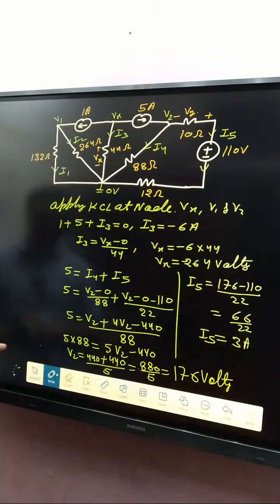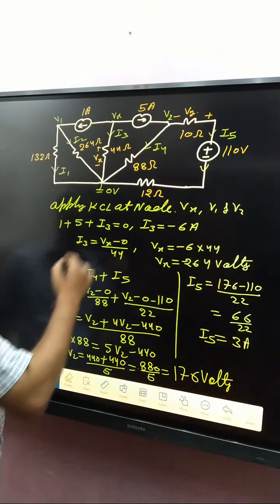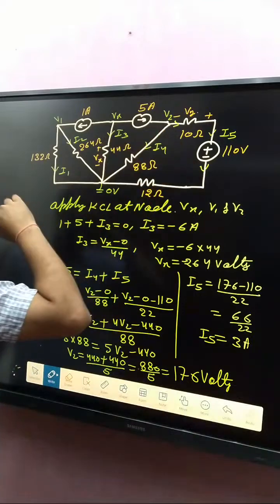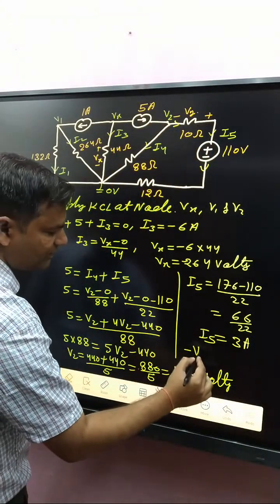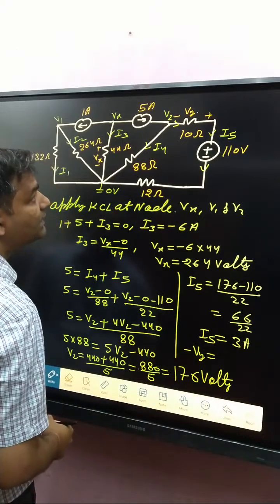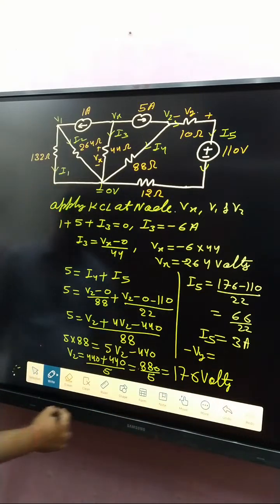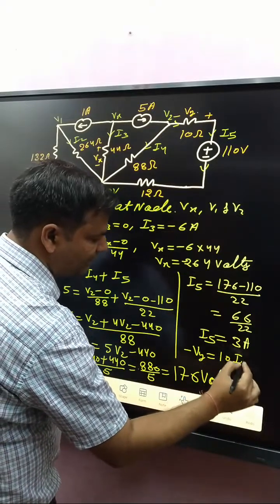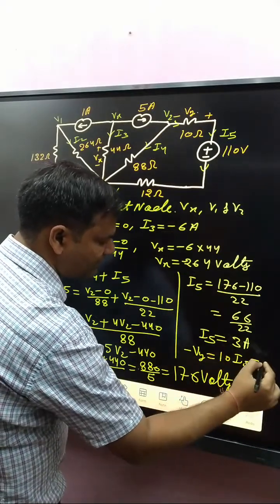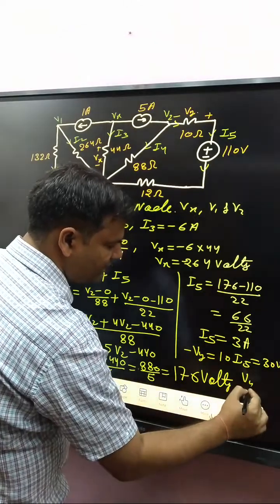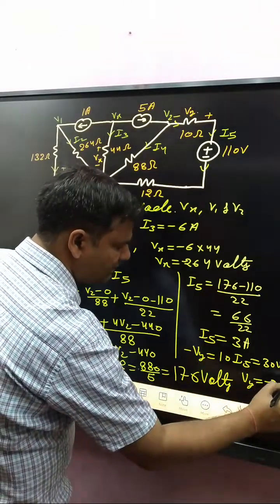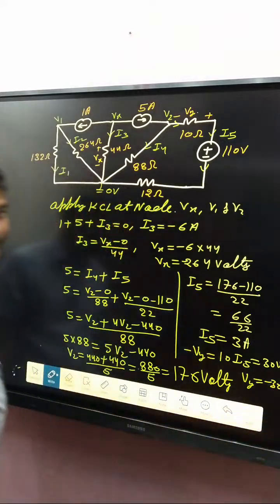After that, the current direction is like that, but consider the polarity here. So minus Vy equals 10 into I5, which is 30 volt. So Vy is minus 30 volt.